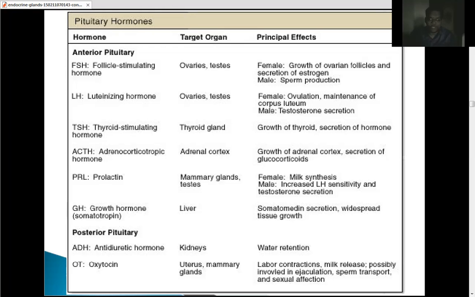It has many other functions also. So in this table we get to know the hormones of the anterior pituitary gland as well as the posterior pituitary gland. In the next class, we will discuss the endocrine glands further.